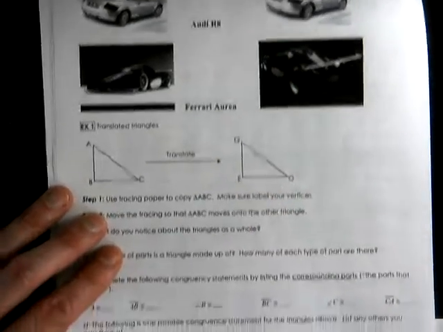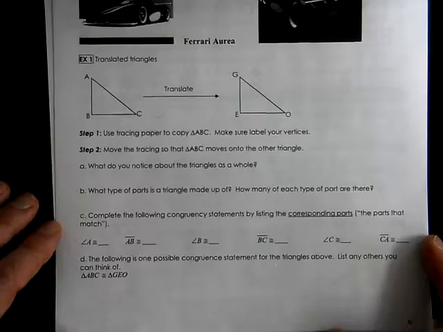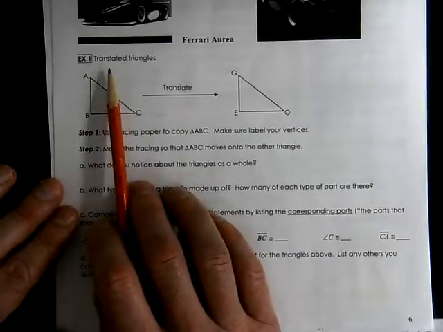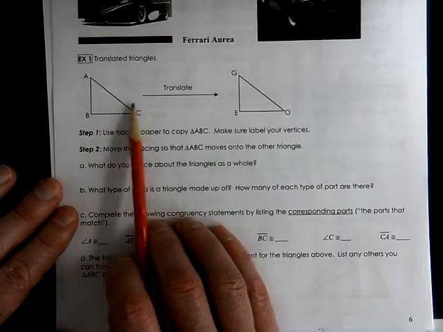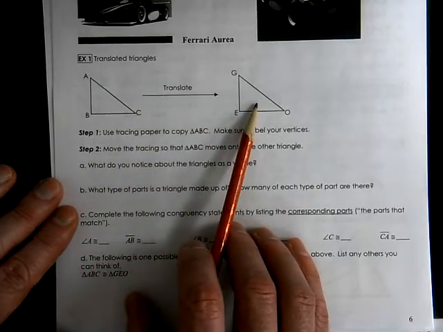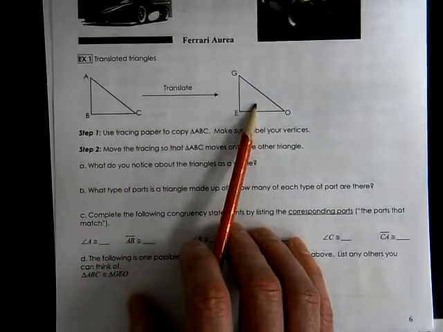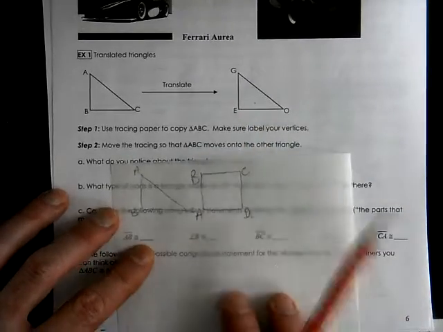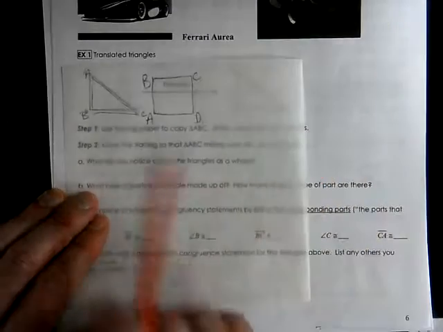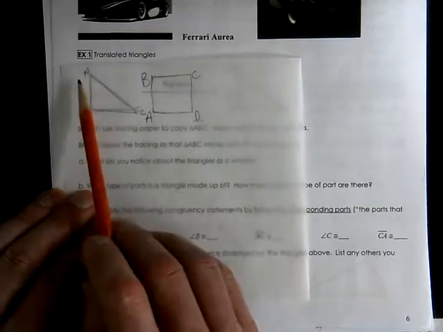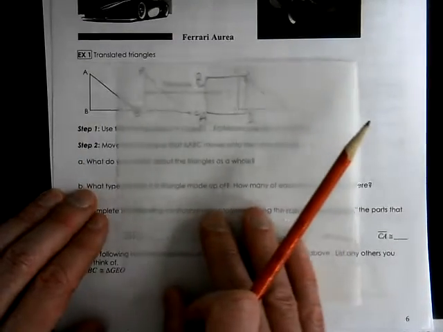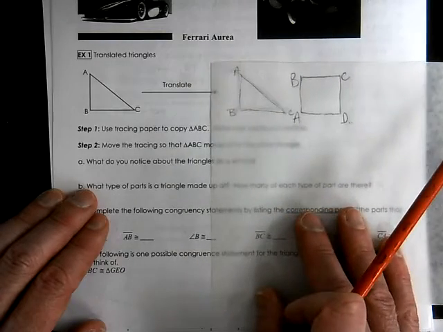So when we look at geometry figures, we can have the same idea. Here's a translation. We're taking this triangle and we're sliding it over to the side. What I've done is traced out this triangle on the tracing paper. I've labeled it ABC, and I slide it over to the side.